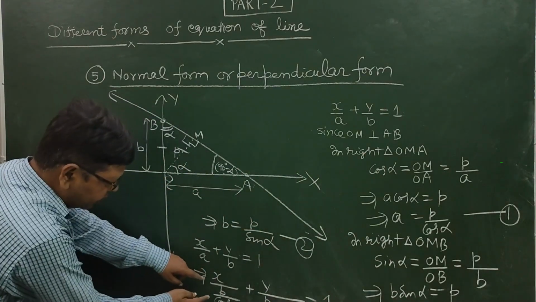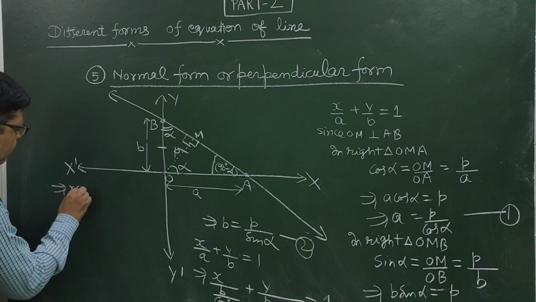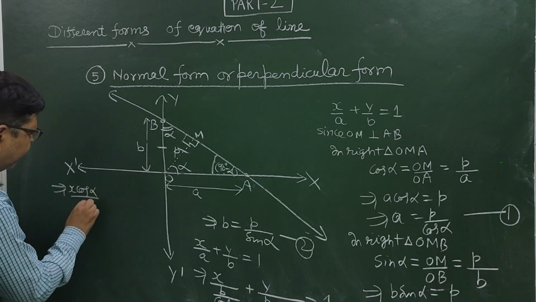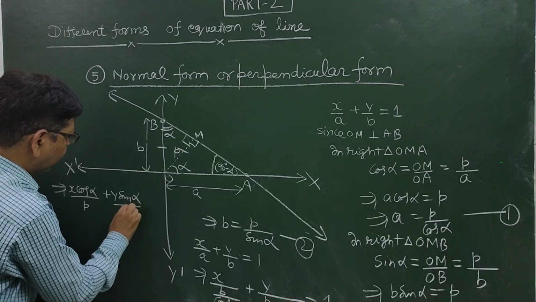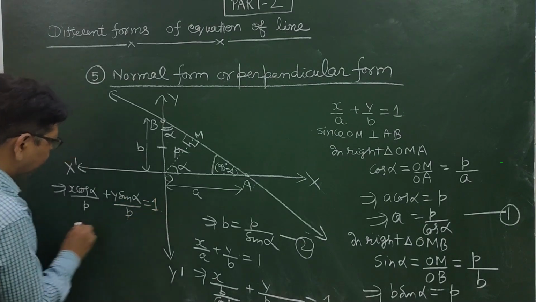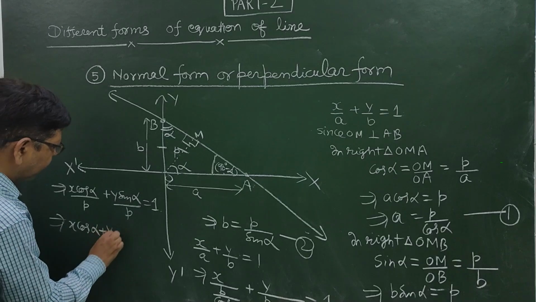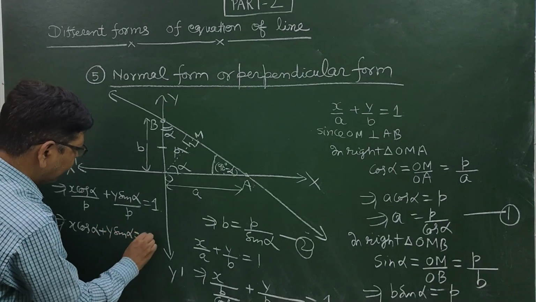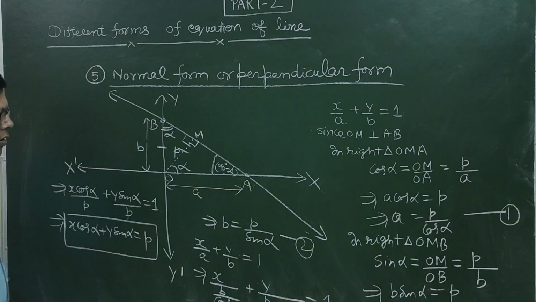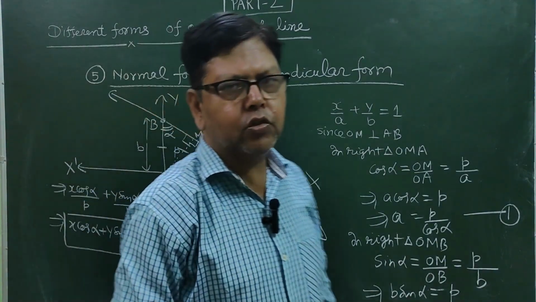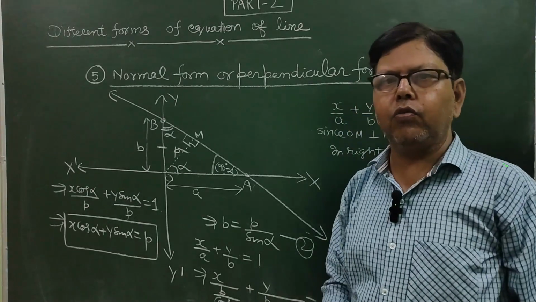Now if we take the reciprocal of the denominators, we get x cos alpha upon p plus y sin alpha upon p is equal to 1, or on further simplification, x cos alpha plus y sin alpha is equal to p. This form is known as the normal form or perpendicular form.